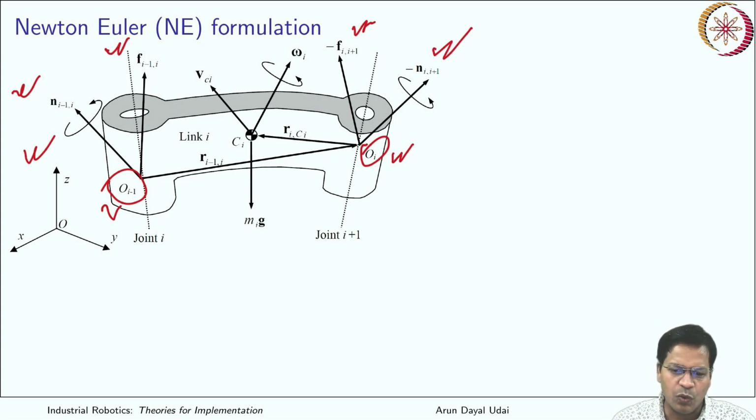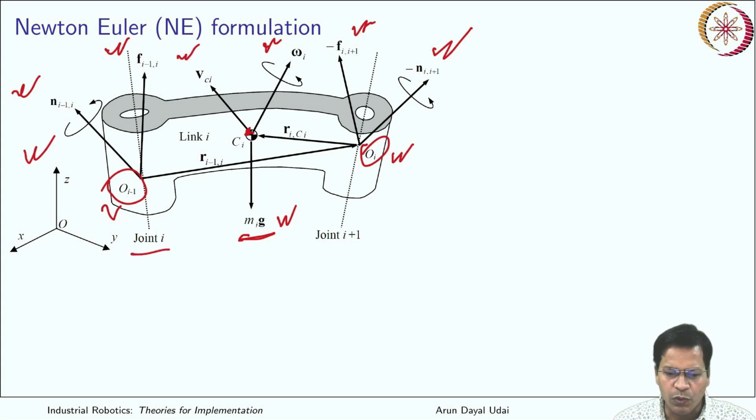Let us say it has its own angular velocity omega i, and it has a center of mass located here, with a velocity given by v_ci. This is the mass, which acts due to the center of gravity. This force is coming towards the direction of g.